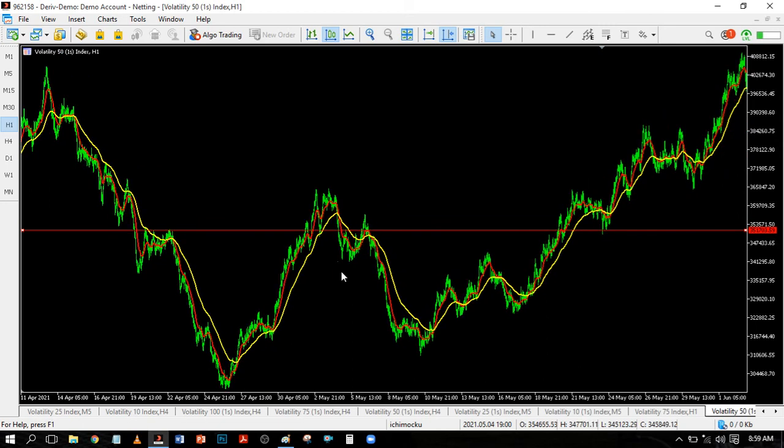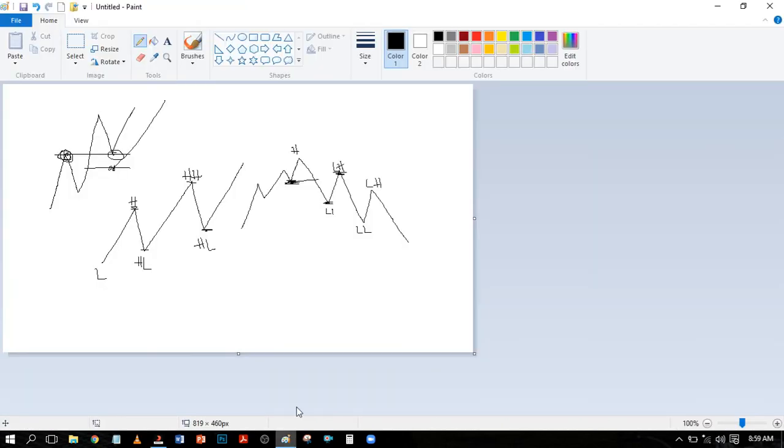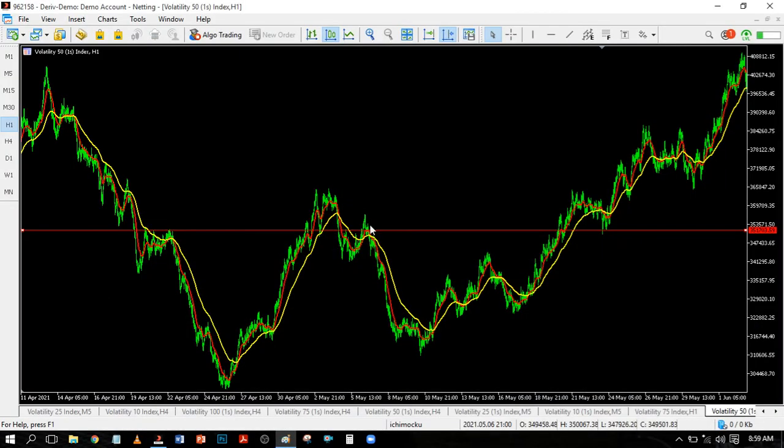But now you will see that the market came back and crossed here and created a pullback here, which is higher than this. So in this kind of scenario, you would have expected that the market should push higher, but instead the market went up again and formed another top, another lower high like this, confirming that another downtrend is continuing.